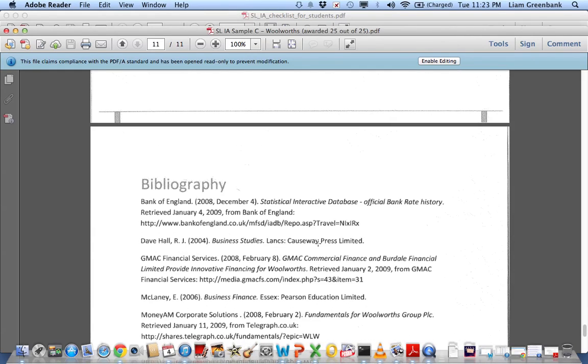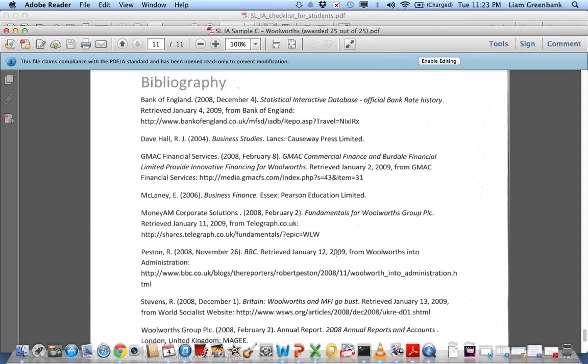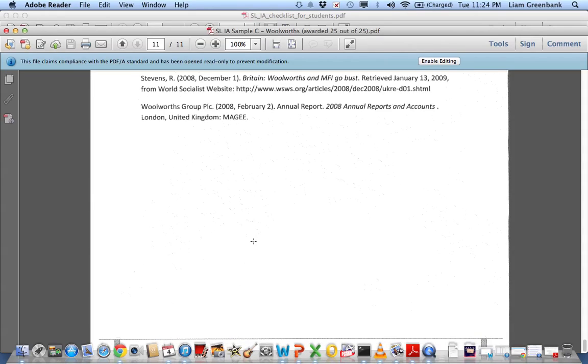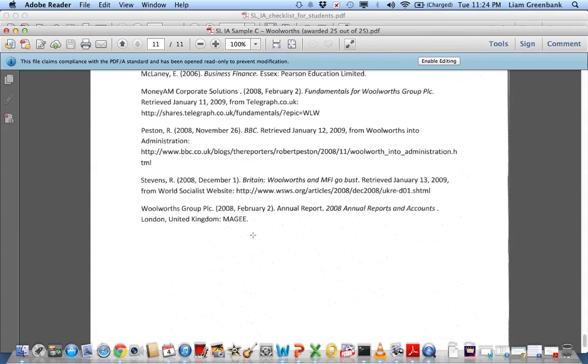And then the bibliography, okay, lists in the correct format all of the sources that they used. So the name of the article, date of the article, author, the website link, if there's a website. Okay, and below the bibliography, you want to reprint all of the sources of information that you have used and highlight the relevant bits that you referred to in the main part of the analysis.